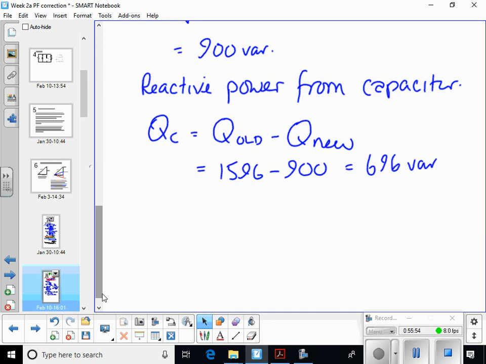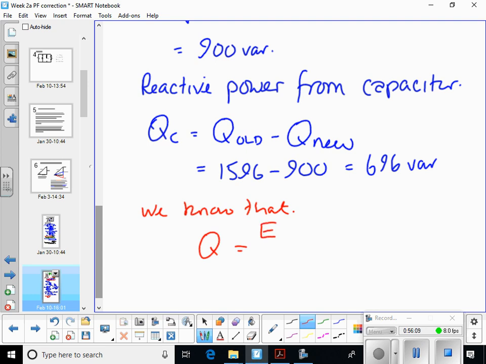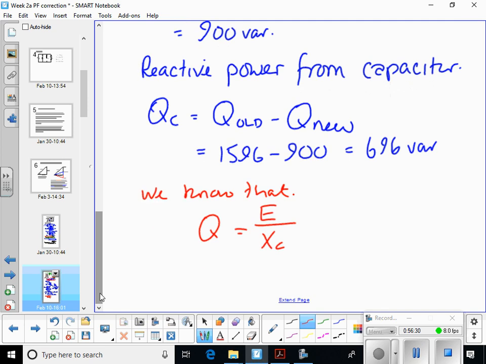So another way of calculating Q from last week: we know that Q can also be calculated from E over the capacitive reactance. And if we can find that, we can use the other formula, the capacitive reactance, to find the value of C. Well, hang on, that's not E, it's E squared.